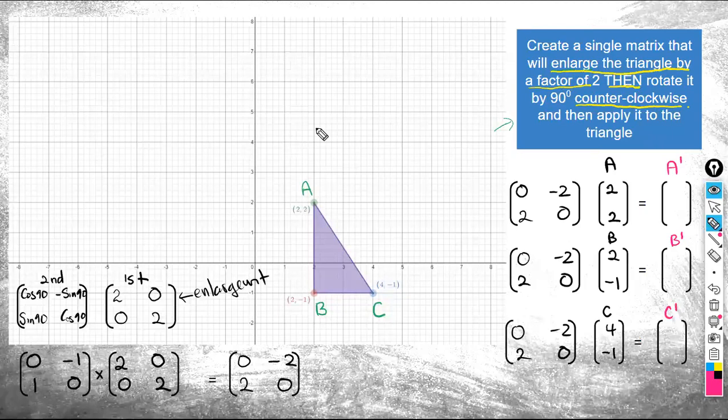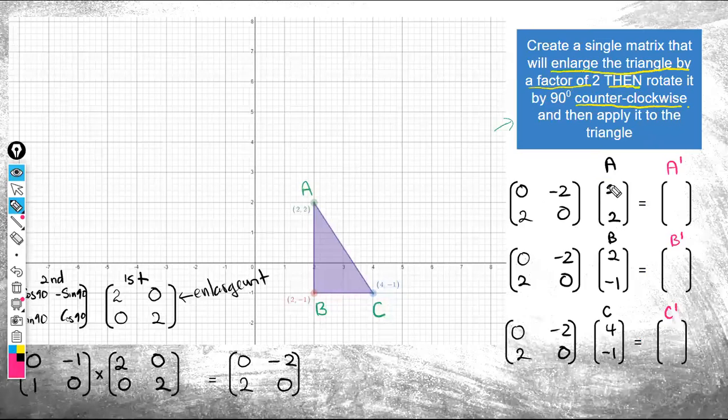And the new triangle you get should look like it got enlarged by a factor of 2, then got rotated anti-clockwise by 90 degrees, right? So when you see the answer, it should look like that particular transformation. You still have some time. But the first one, when we multiply it, we're getting, I'll move this to the other side here.